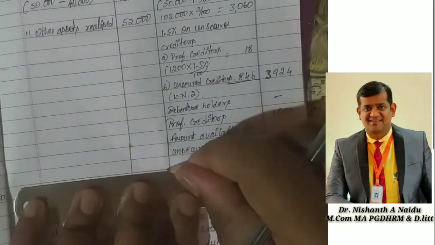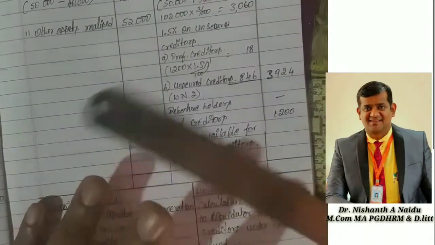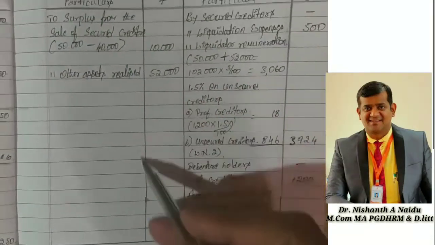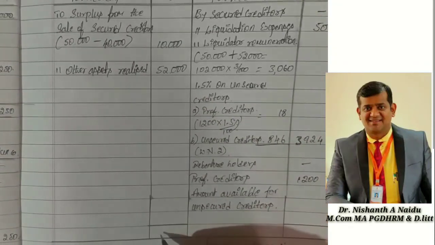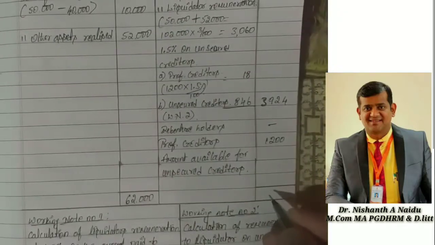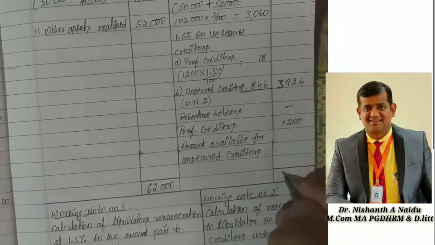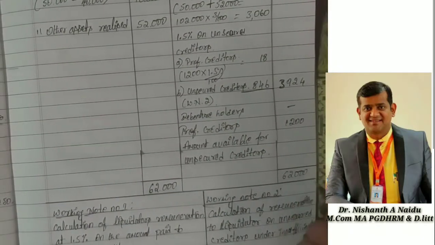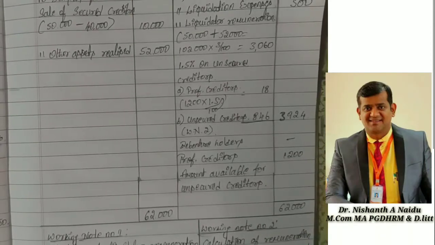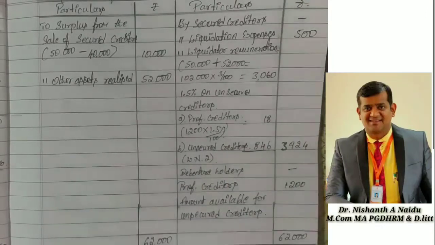Create a total column also. Now we know the total, that is 10 plus 52 is 62,000 rupees. So I'm writing 62,000 on both sides. Now deduct all the expenditure which we have out of 62.